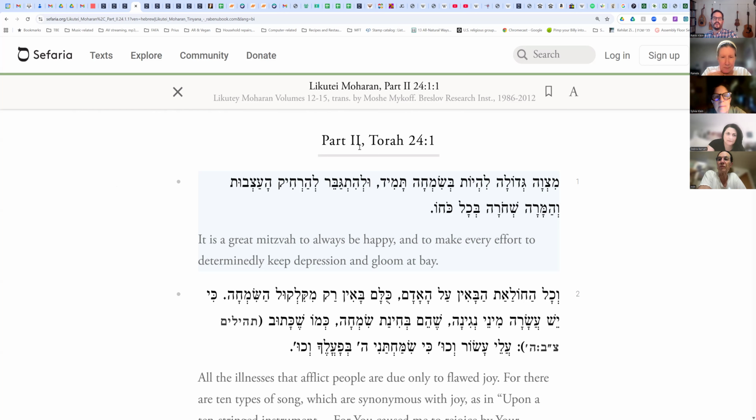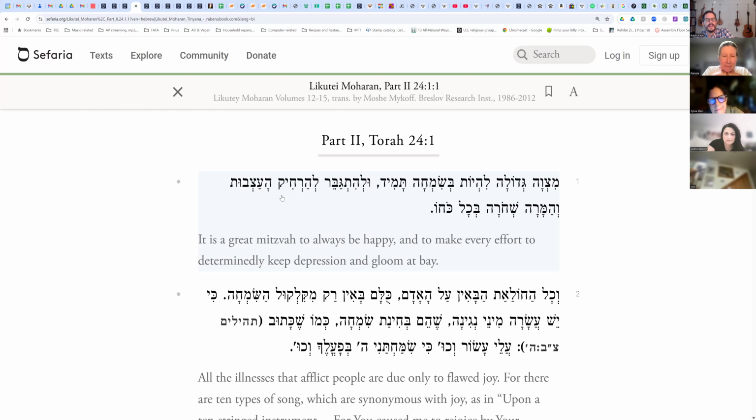But I wanted to bring you to also, of course, one of the greats, the great grandson of the Baal Shem Tov, Rabbi Nachman of Bratslav, who says, Mitzvah gedola lihiyot besimcha. Now, he's not a halachic authority when he says this, but he said it is a great mitzvah to be in a state of joy always.